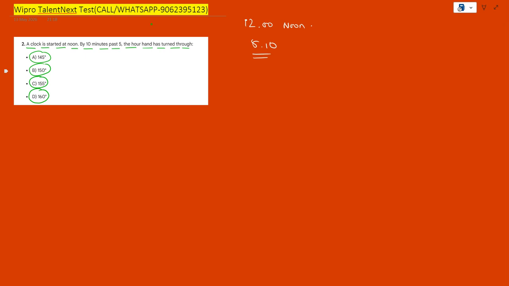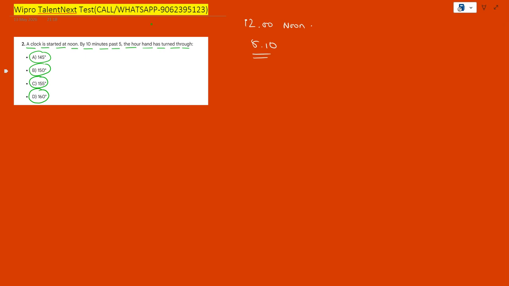Not the minute hand, not angle between the hands, only hour hand movement. So this is very important. Now students see clocks and immediately start calculating angle between both hands even when the question never asks for it. So that's like someone asking your age and you replying with your other number.